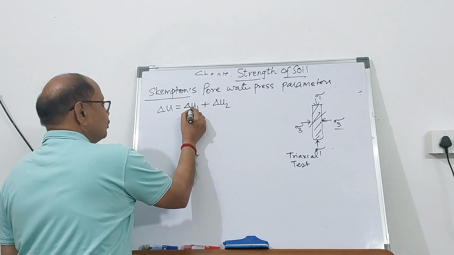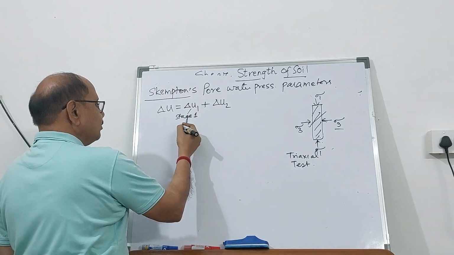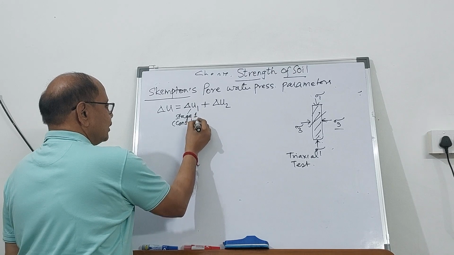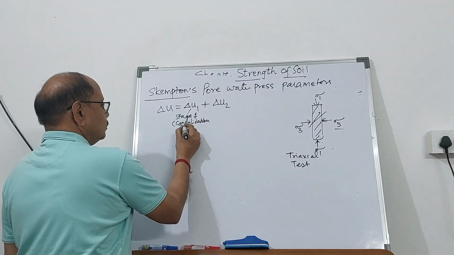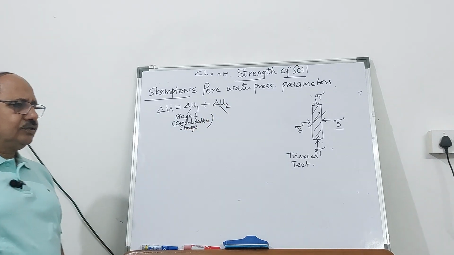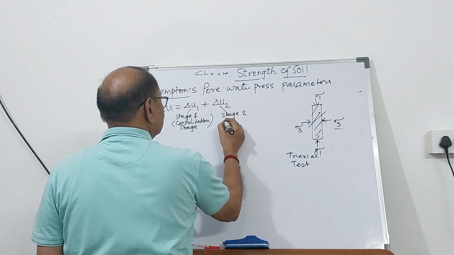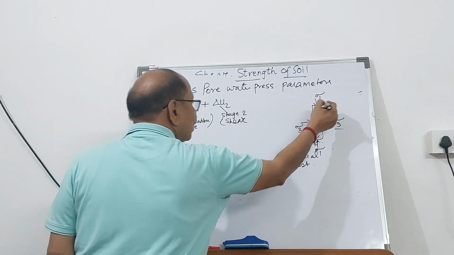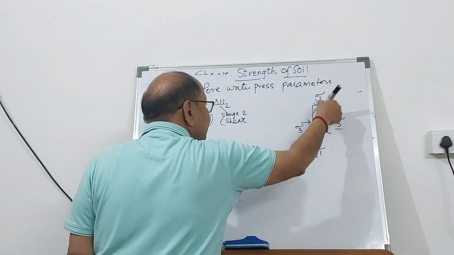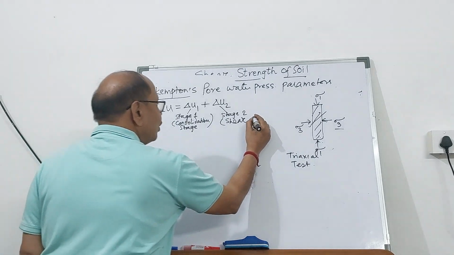So stage 1 is when you apply the confining pressure and allow it to consolidate, the consolidation stage. And the second stage, stage 2, is called shearing, because when you apply the additional axial stresses in the downward direction, the sample is going to get sheared at the weakest plane, and therefore it is called the shear stage.